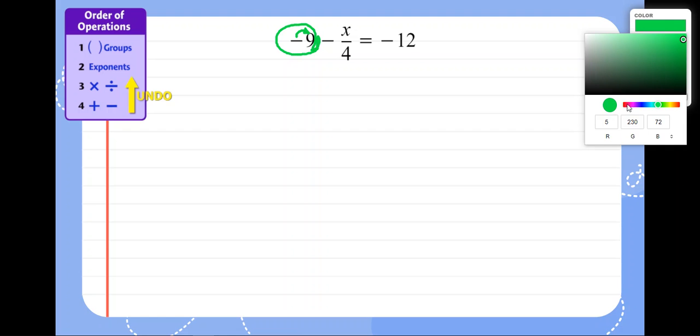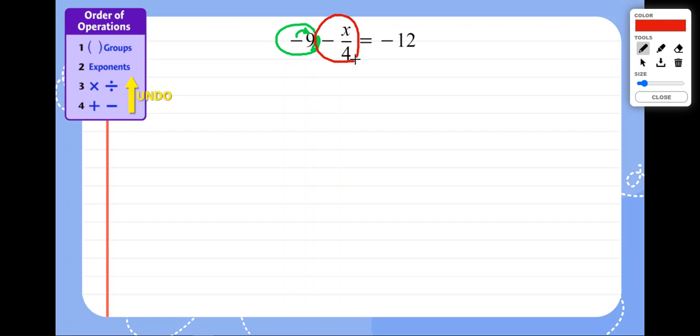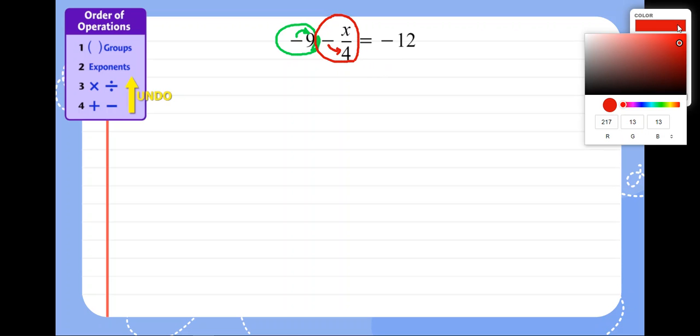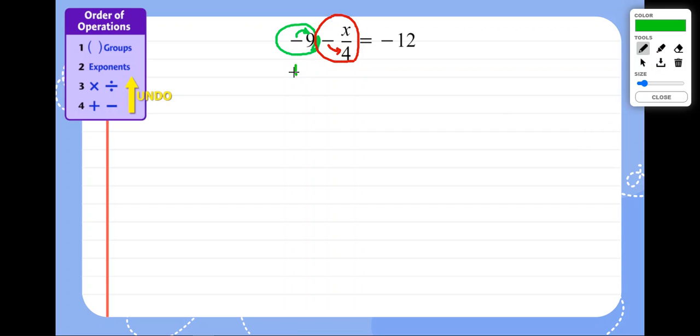Okay, and then we have x divided by 4, and it's that minus 4, so this is actually a negative 4. So x is being divided by a negative 4. Right. So now we cancel out our addition subtraction, so our minus 9 by doing plus 9 to both sides.